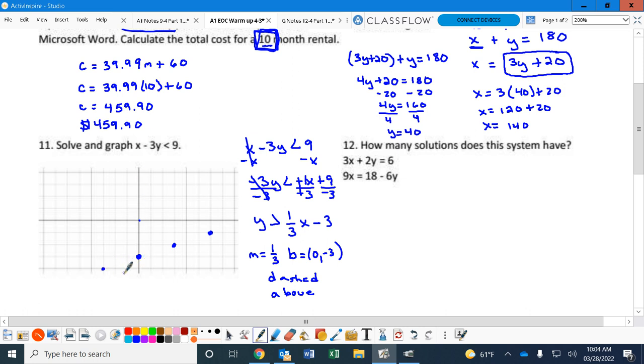Down 1 to the left 3. There are all the points that I can get on this graph. Now guys, we're not using a ruler, we're just going to sketch right here. We are going to sketch a line, but it is going to be what kind of line before you draw? It's going to be a dash line before you draw. So dash it.